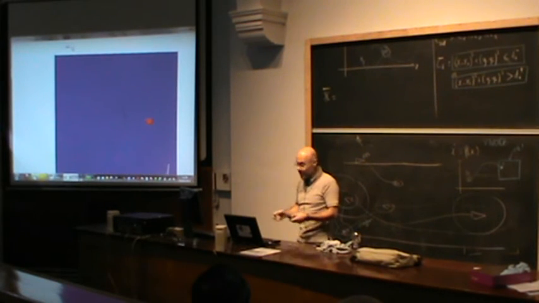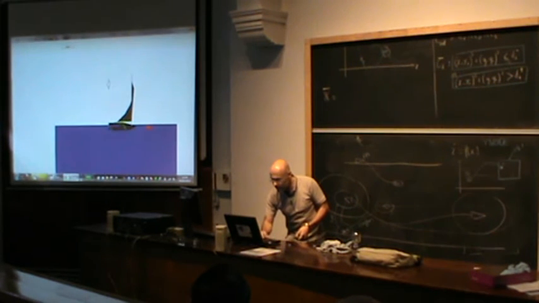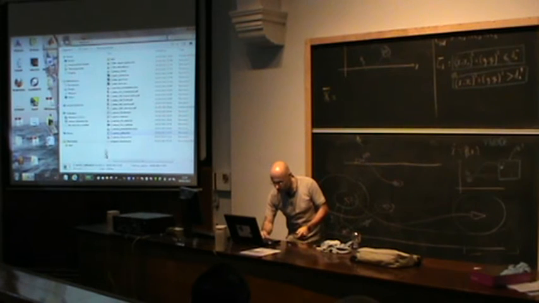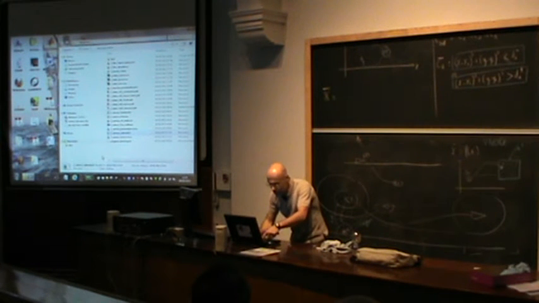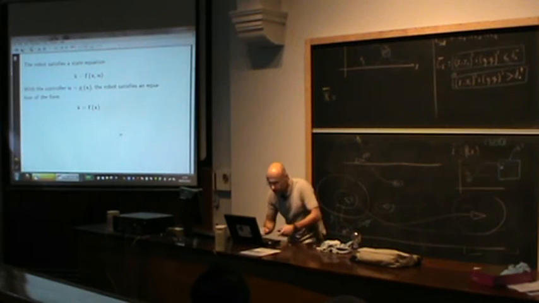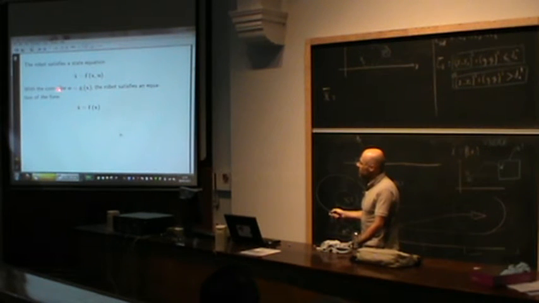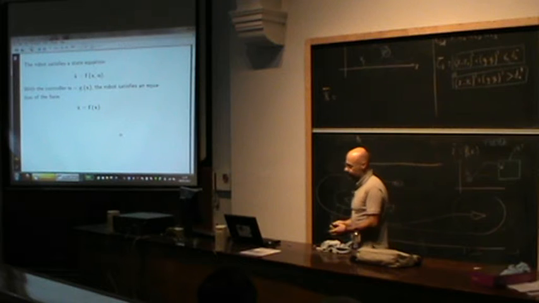It's not guaranteed, but we will assume that the robot is described by such a nonlinear equation. I do not present the model here. So first of all, if we had a controller of this form, then the system becomes autonomous, and we have a differential equation.